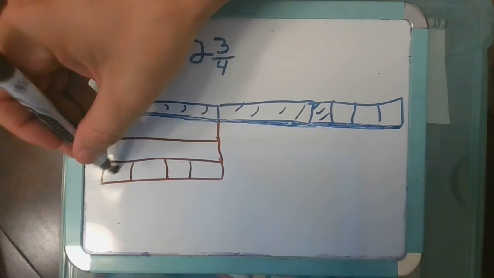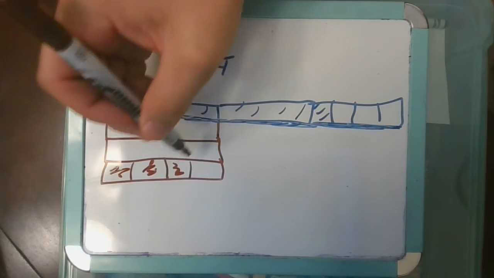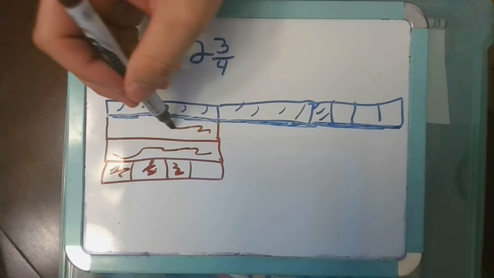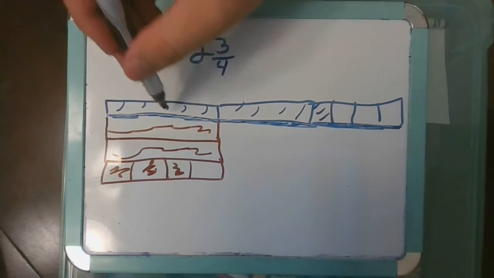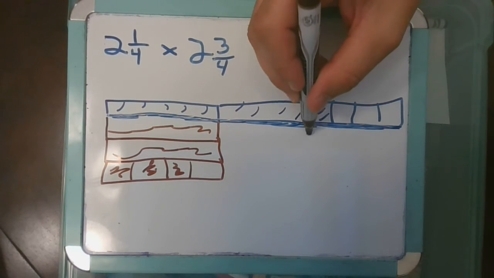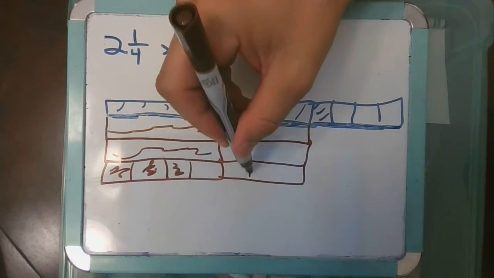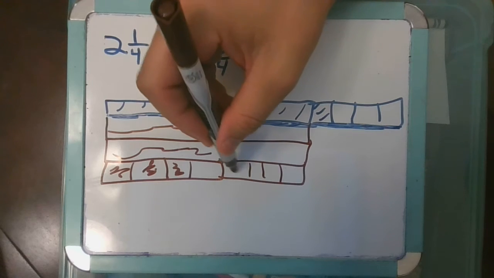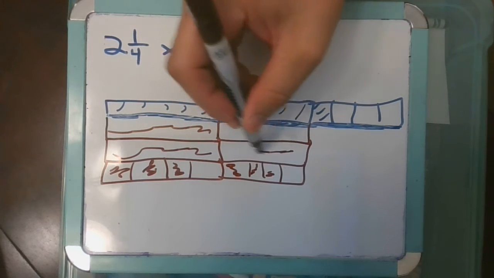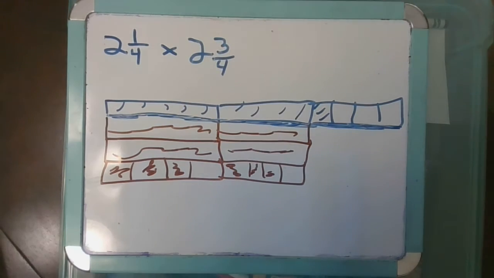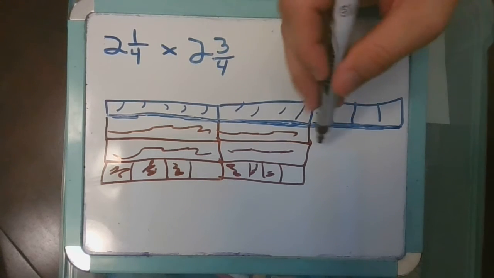Well, 1, 2, 3. There's my 2 and 3/4 of just this first piece. Then I do it again. 1, 2, and 1, 2, 3. There's my 2 and 3/4 of that piece. Then I have to do it here as well.